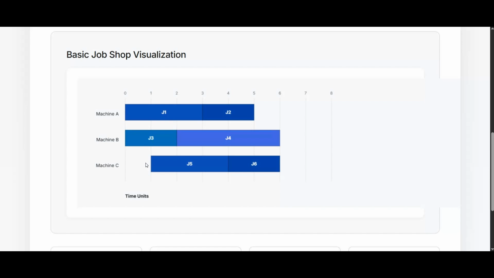So for example, machine A starts with job 1 and then moves on to job 2. Meanwhile, machine B starts with job 3 and processes job 4. This visualization helps us understand how machines and jobs are coordinated over time. The challenge is to find the best order so that machines stay busy without unnecessary idle periods and jobs get done as efficiently as possible.